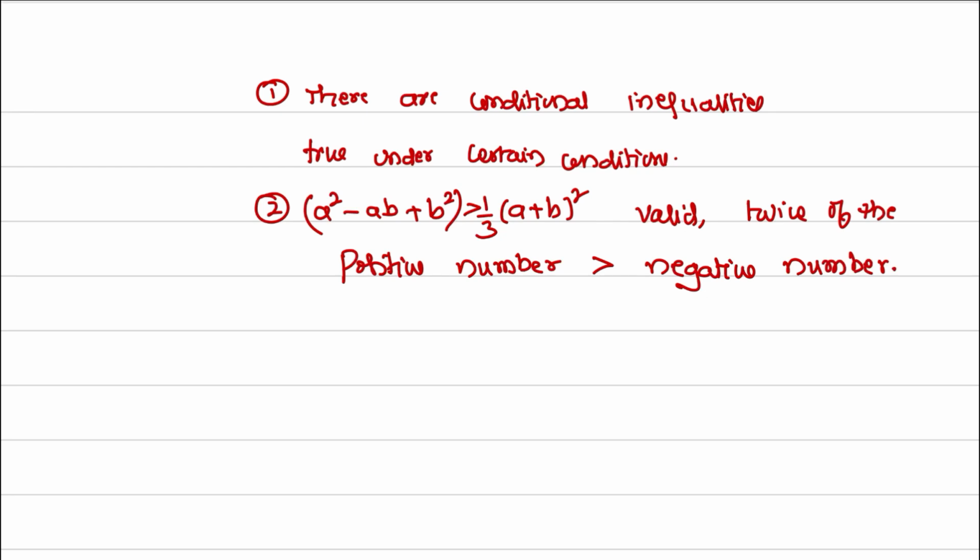Under these conditions, this particular inequality is valid. That means there are certain inequalities where we can put some conditions and say that that particular inequality is valid.